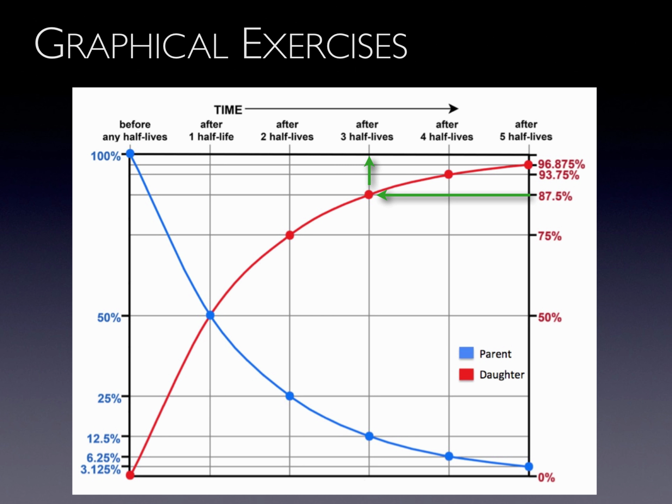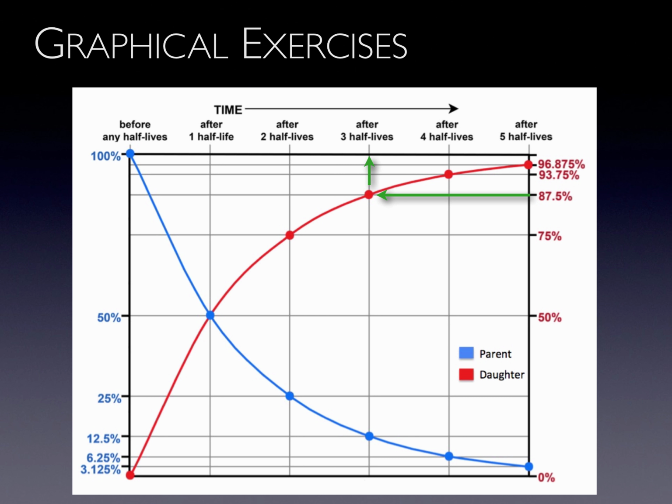Looking at the vertical axis for the daughter particle percentages, we would go up to 87.5% and from there, move horizontally to the curve representing the amount of daughter nuclei. This is shown by the horizontal green arrow. We know that this point on the curve must represent where the decay process is at this time.